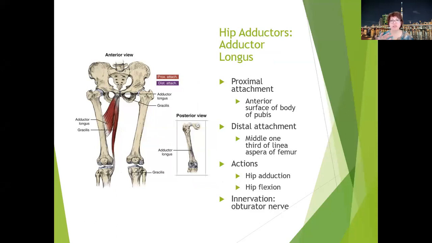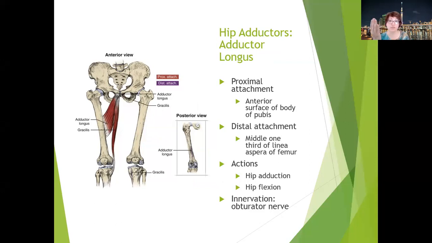Okay, so now we're going to talk about the three adductors that have the word adductor in their name. So it's adductor longus, brevis, and magnus. The adductor longus, its proximal attachment is on the anterior surface of the body of the pubis. Its distal attachment is the middle third of the linea aspera of the femur.